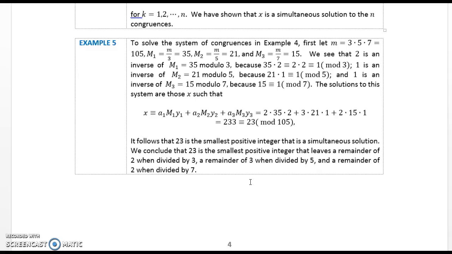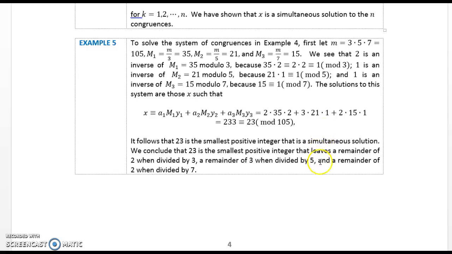The solutions to this system are those x such that x is congruent to a1 big M sub 1 y1 plus a2 big M sub 2 y2 plus a sub 3 big M sub 3 y sub 3, which is equal to 2 times 35 times 2, plus 3 times 21 times 1, plus 2 times 15 times 1, or 233, which is congruent to 23 mod 105.